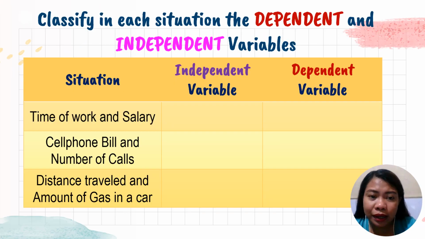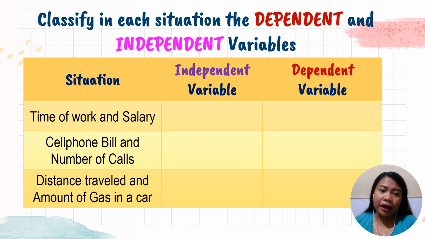Here now, class, let us classify in each situation the dependent and the independent variables. Take note, the independent variables are the x's, and the dependent variables are the y's.